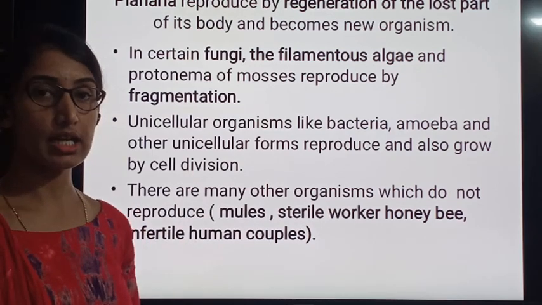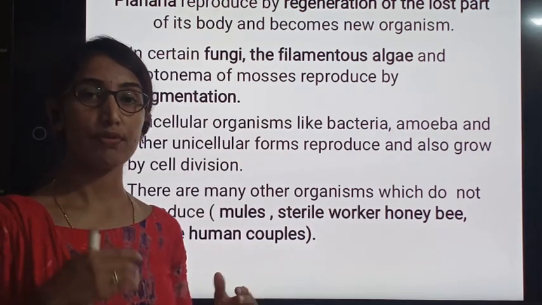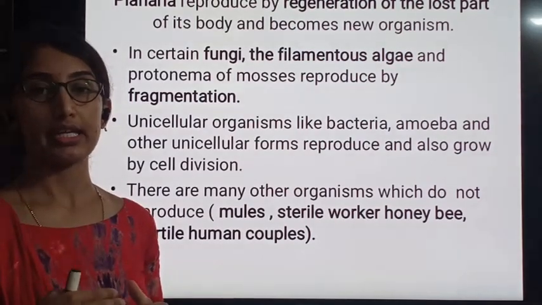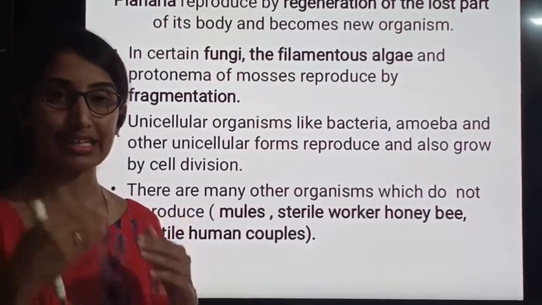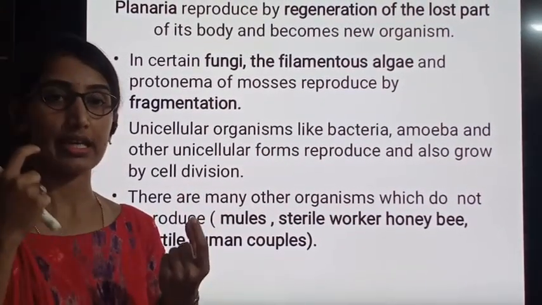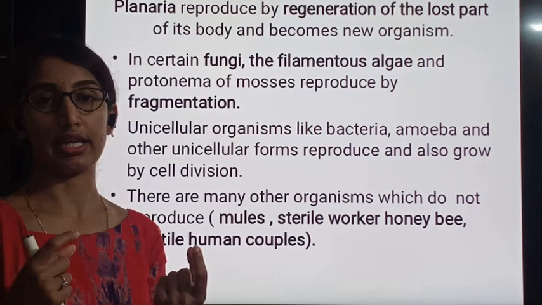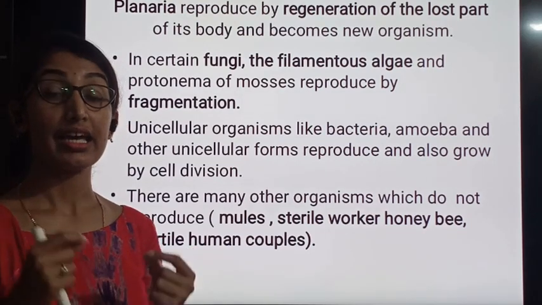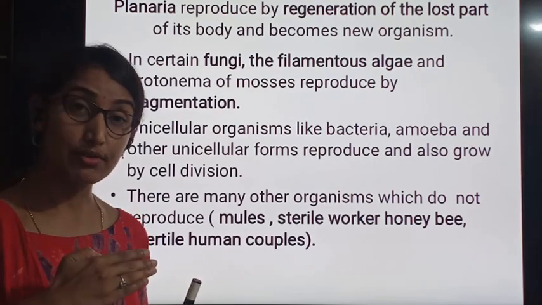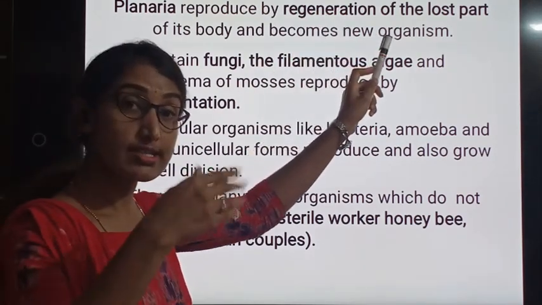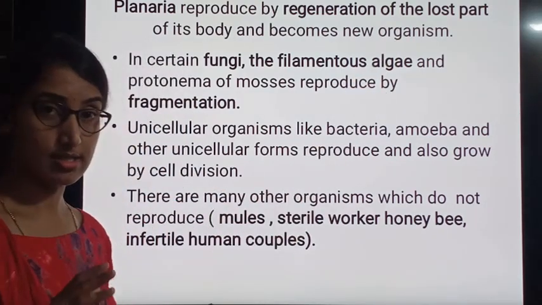If a planaria is damaged, or fragmented, or cut into pieces, any single fragment or cut piece of the planaria has the ability to regenerate the lost part which is completely lost.